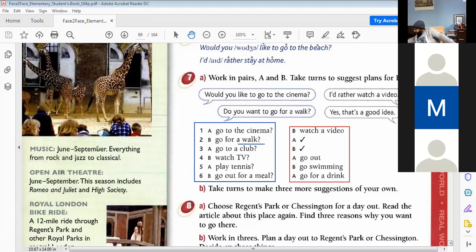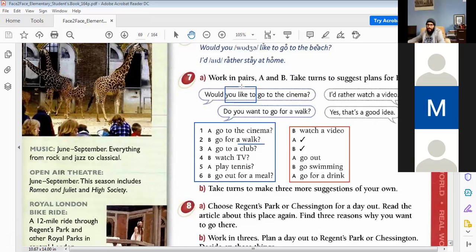Do you want to go to the cinema? Yes, that's a good idea. Okay. Would you like to go out for a meal?